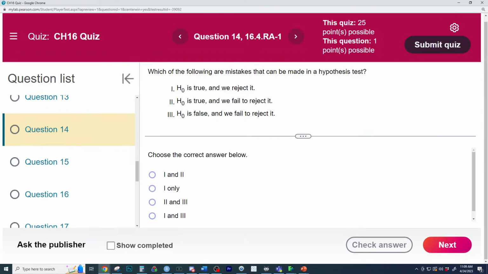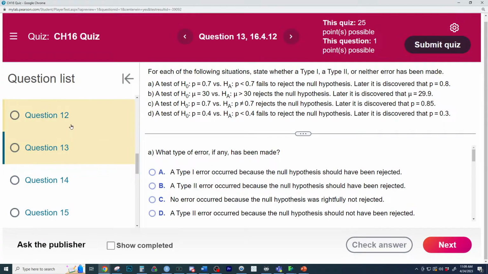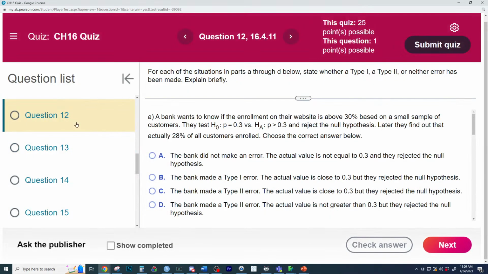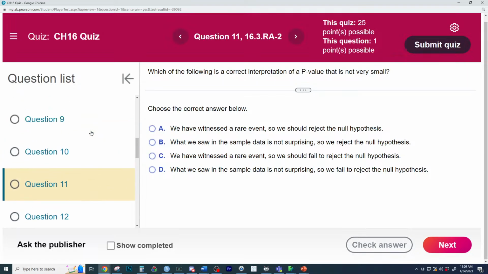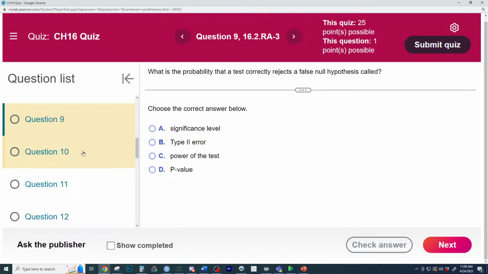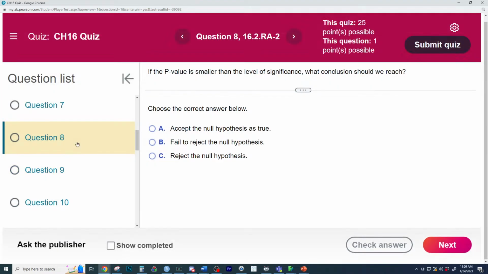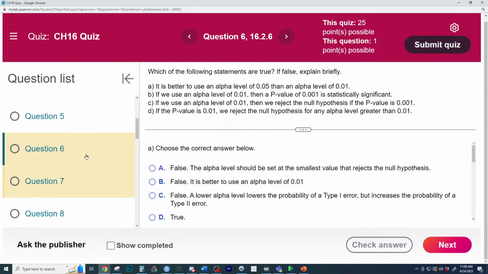Is it this one? No, it's a different one. A lot of good questions, just some basic knowledge here. Here we go. Is it this one? No, wait.